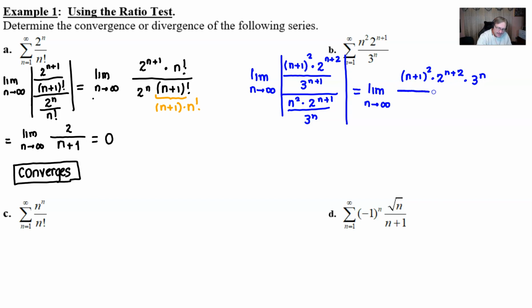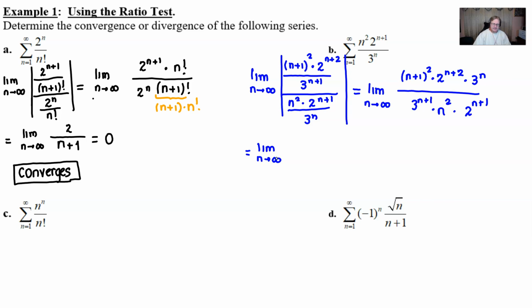And then let's keep tabs of what we have here in the new denominator, 3 to the n plus 1 times n squared times 2 to the n plus 1. Well, I don't know about you, but that's a pretty wicked looking limit. I think we better simplify this thing before we have any chances of potentially finding out its limit.